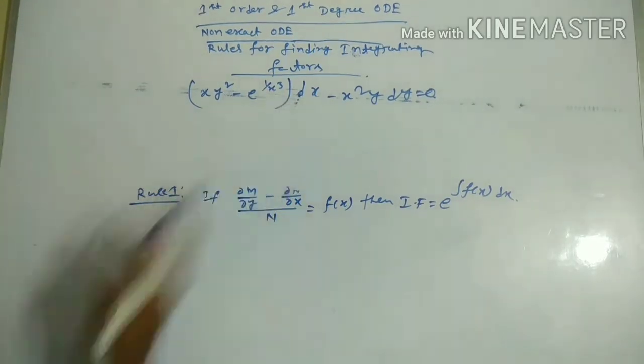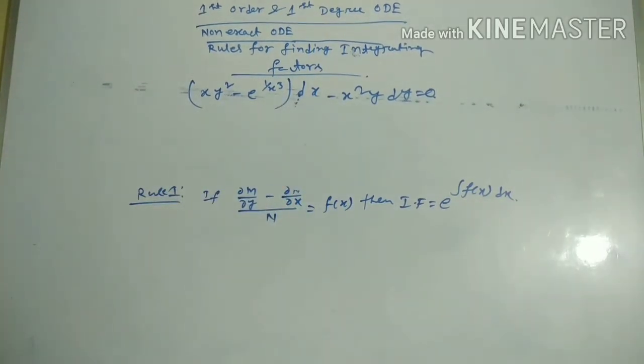In this equation, we can see that this is a first order first degree ODE, and to solve it, first we have to check whether the equation is exact or non-exact.